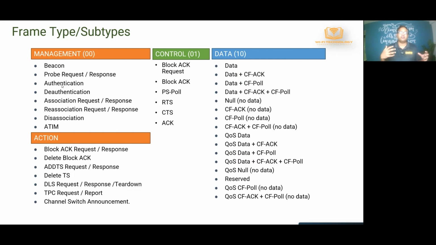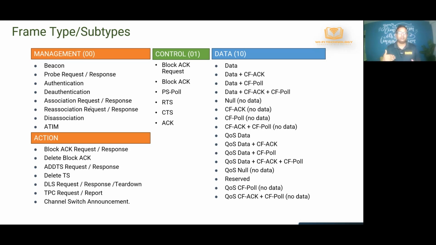When we added beamforming or multi-user MIMO, we have the sounding frames that are not listed in this slide, but there are new management, action and control frames that have been added to make sure that feature works properly, like multi-user MIMO. When we added OFDMA, we have this concept of trigger frames that are again new frame formats to make sure that feature works well. Similarly, in Wi-Fi 7, when you have a feature like MLO, there are new frames that make sure that particular feature works well. So every time there are new features in the standards, there are new management frames that are added.